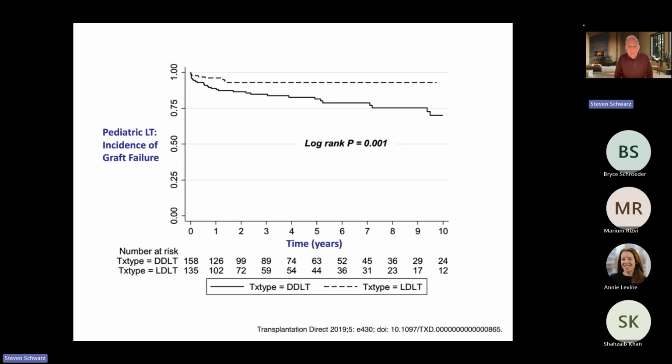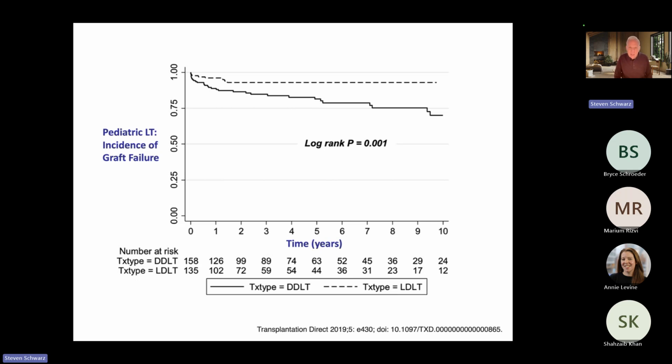Keep in mind again that the greatest advance has been the ability to use the living related donor. This figure looks at the incidence of graft failure related to whether you have a deceased donor, that's DDLT, the solid line, versus a living donor, the dashed line.